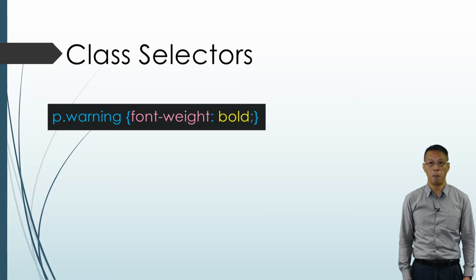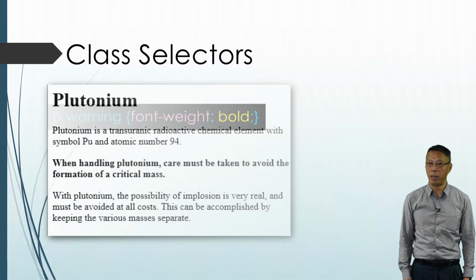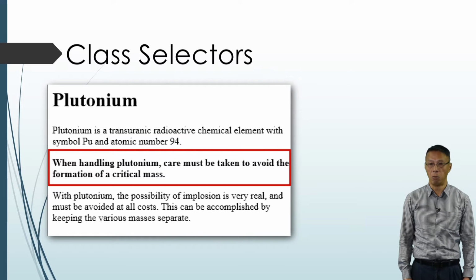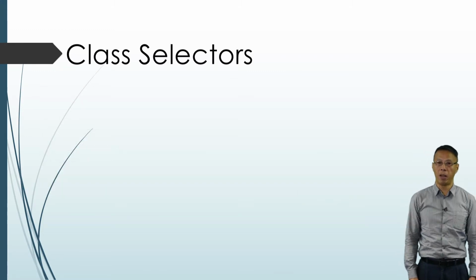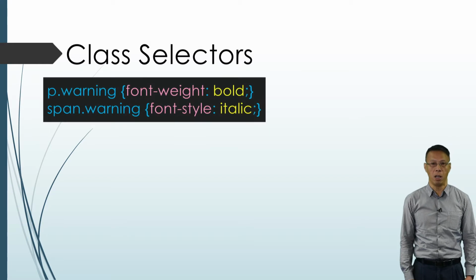Here we can see P dot warning, and then font weight is equal to bold, and the result will be displayed in the browser, looking like what we're seeing here. If you want to have better control of the warning class, you can individually specify which element you want to have a different display.